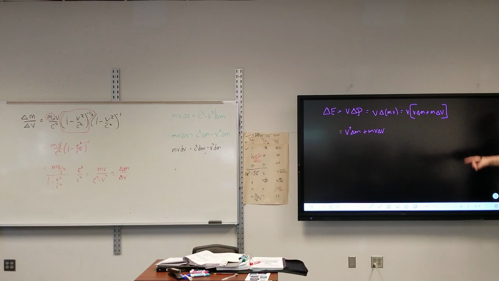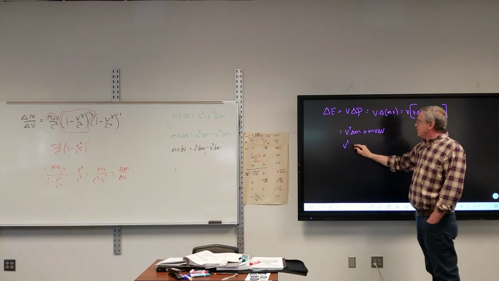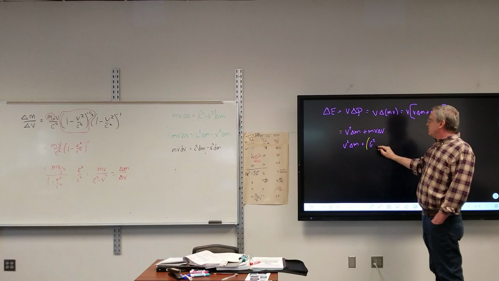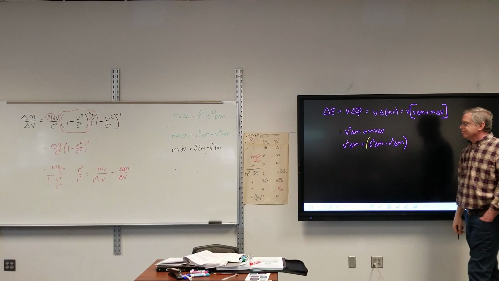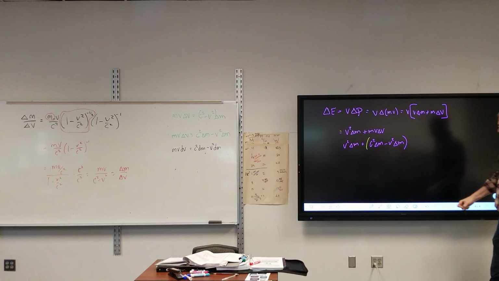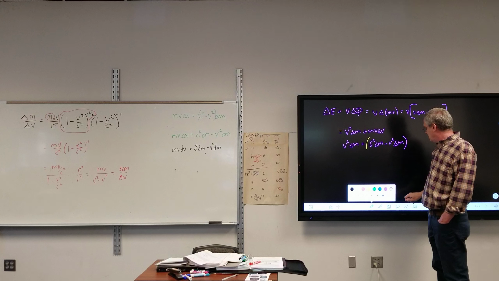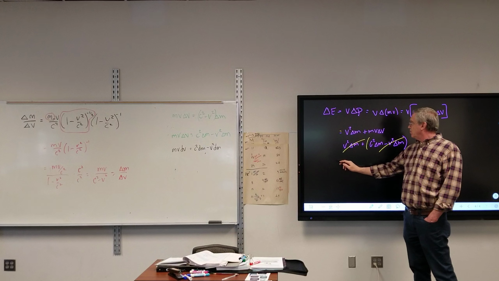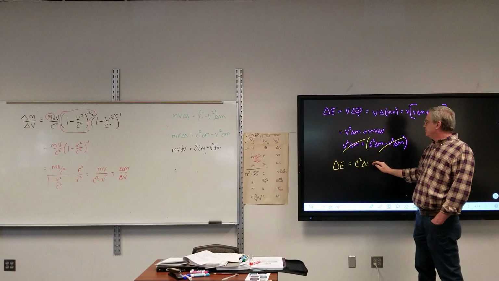I have already solved for a formula over there for mv delta V. So that's V squared delta M plus C squared delta M minus V squared delta M, based on what we did over there. That cancels out with that, and I'm left with delta E is equal to C squared delta M.